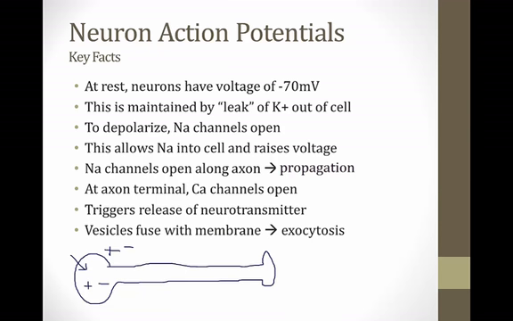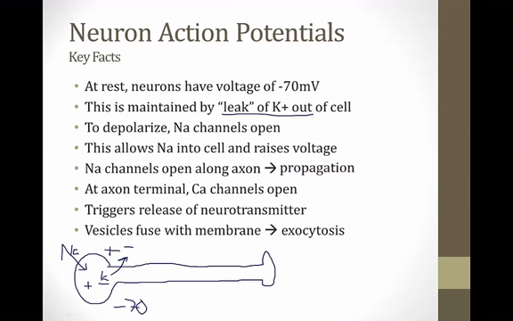And this unequal distribution is maintained by a very high concentration of sodium outside the cell, and then there are potassium ions inside the cell that constantly leak out of the neuron, and this leak out of the cell is what keeps it at minus 70 millivolts at rest.